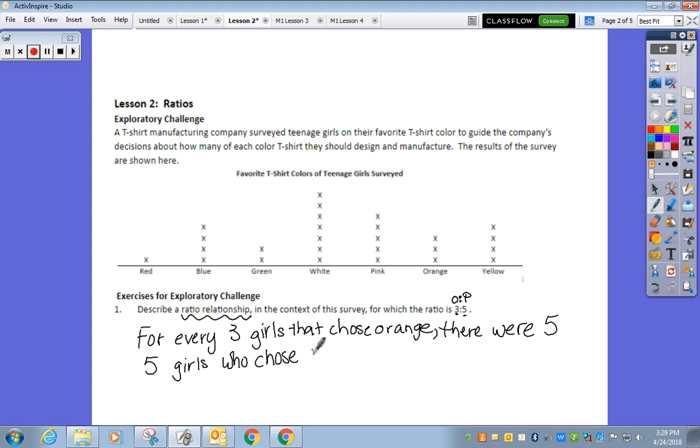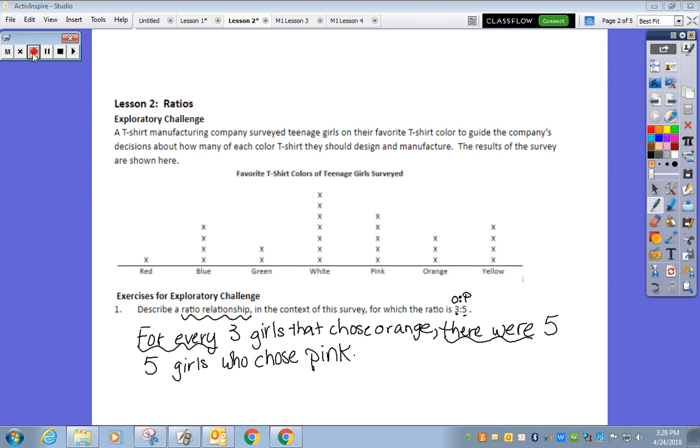Don't mind my grammar here. Okay, so we've got for every, there were, or there are. It's important to use those ratio words: for every, there are, or there were.